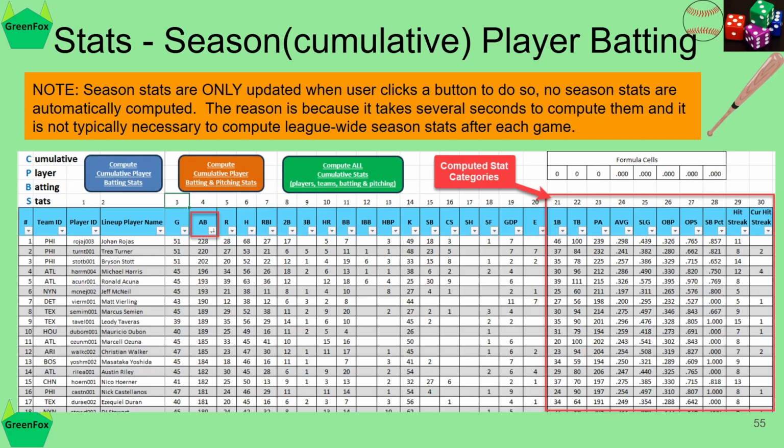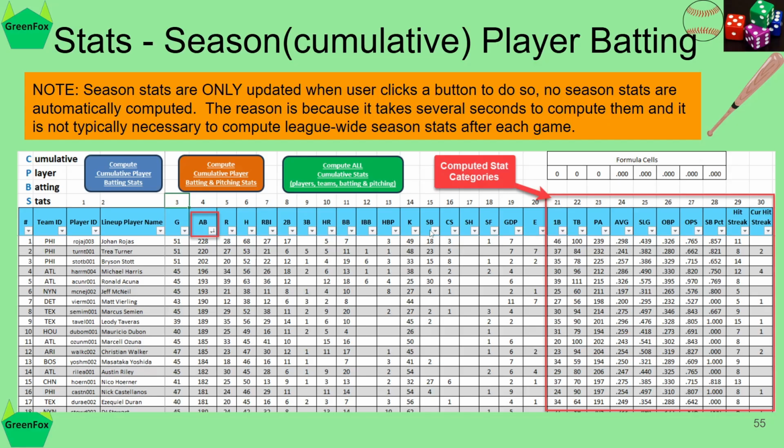Typically people don't want to see them after every game. Maybe you want to play a whole series of your league and then update your stats. But again, this is sorted by at-bats in this particular screenshot.